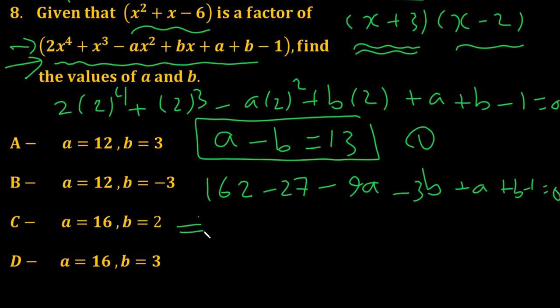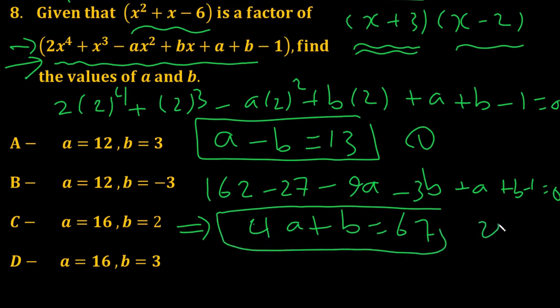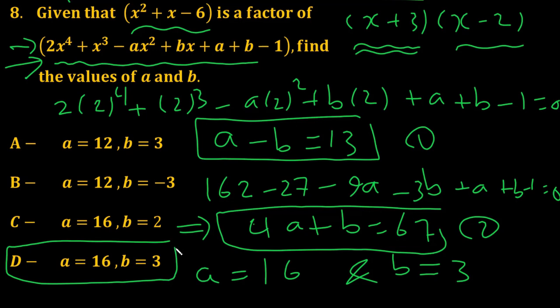Simplifying this equation, we can get 4a plus b equals 67. Now we can easily solve these two equations to get a equals 16 and b equals 3. So the correct answer will be number D.